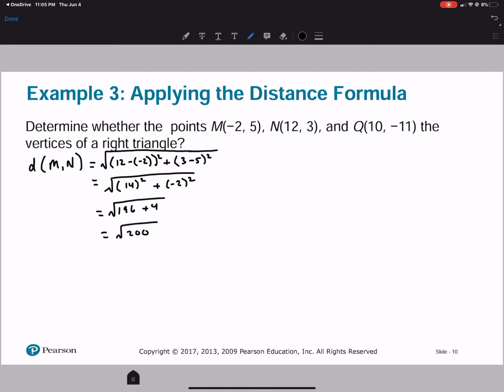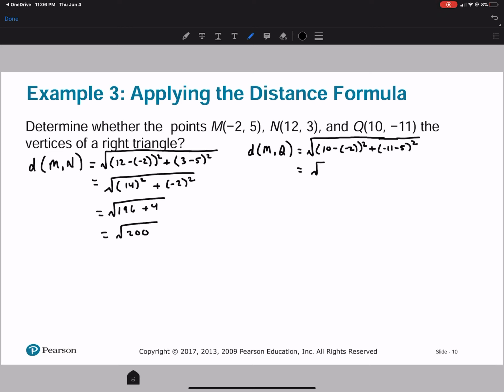Now, let's find the distance from M to Q. This is equal to the square root of, and I wrote that incorrectly because it would be the x terms first, so it'll be 10 minus a negative 2 squared, plus a negative 11 minus 5, and then we square it.